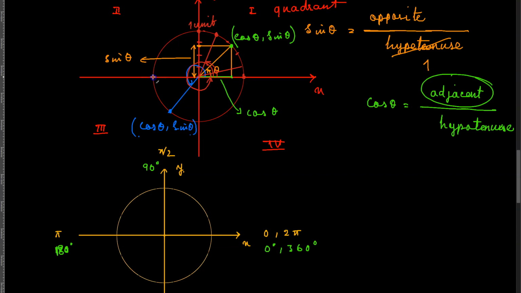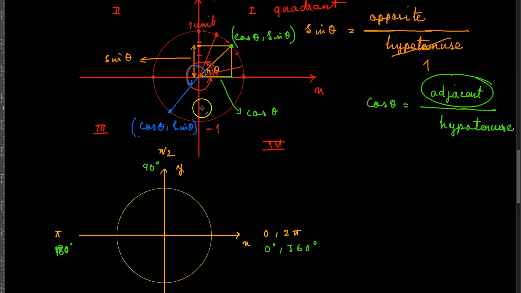And then once you keep increasing the measure of your angle, the height will keep increasing in the other direction, which is denoted by a negative number, right?